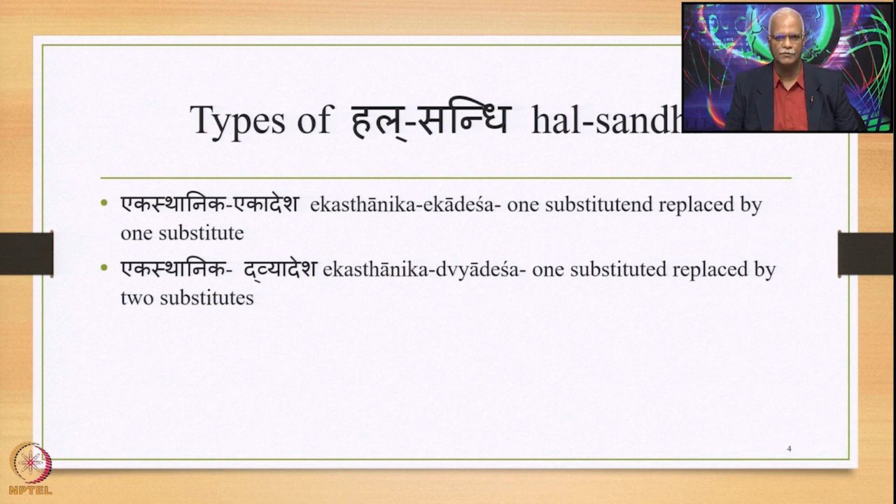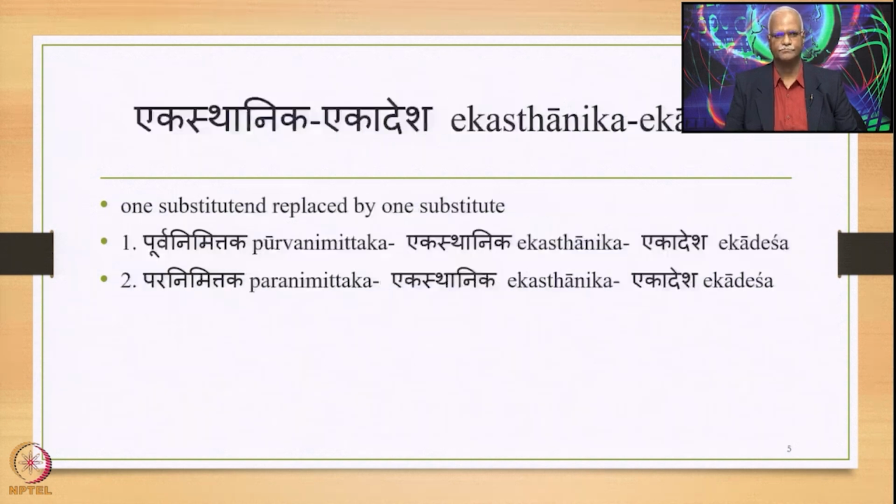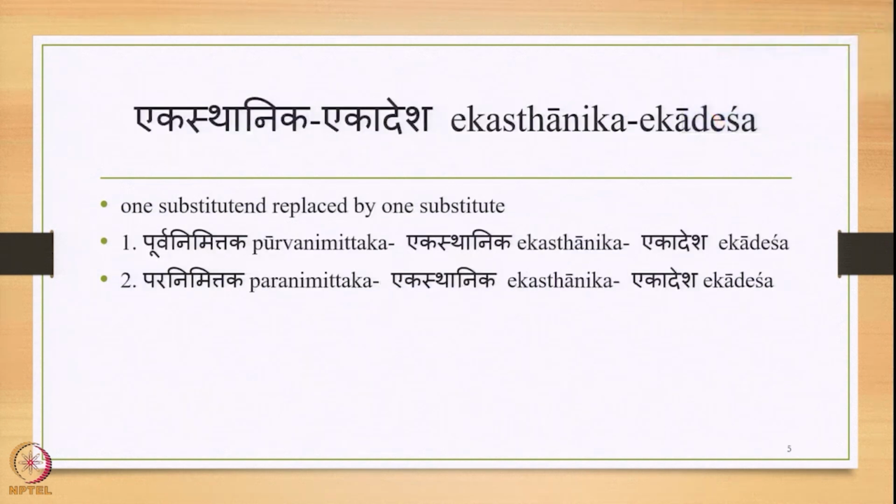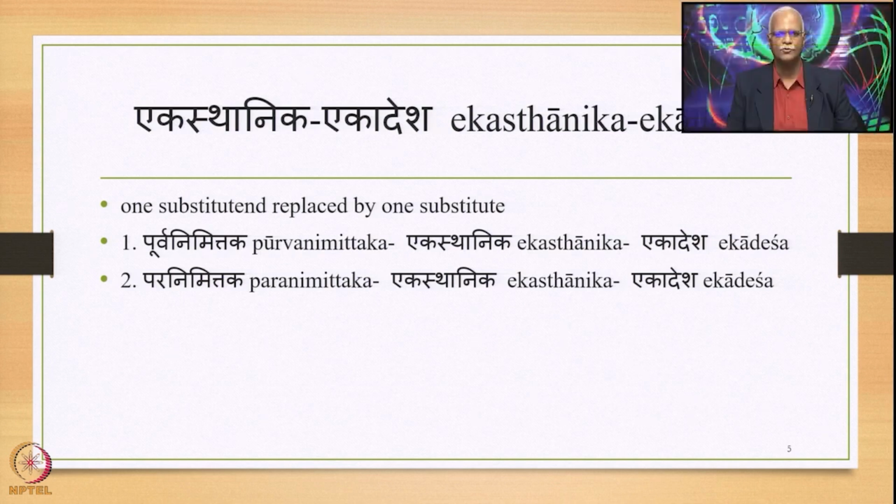In Hal Sandhi, however, we have Ekasthanika Dvyadesha, where there is one substituent which is replaced by 2 substitutes. Ekasthanika Ekadesha is further classified into 2 broad categories, Purvanimittaka Ekasthanika Ekadesha and also Paranimittaka Ekasthanika Ekadesha.